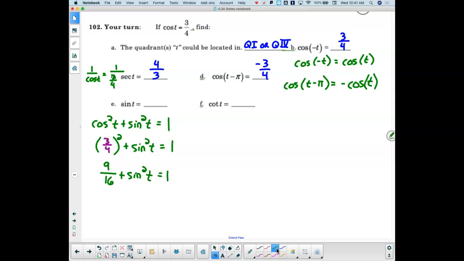Let's be good at doing it in our head, because it's not that hard really. So 1 is how many 16ths? 16, right? If I subtract 9/16 from 16/16, I get 7/16.